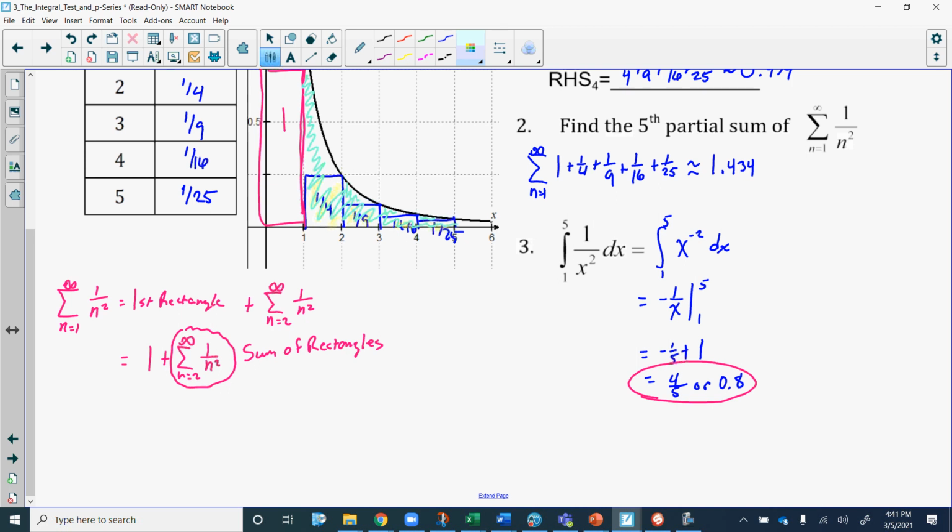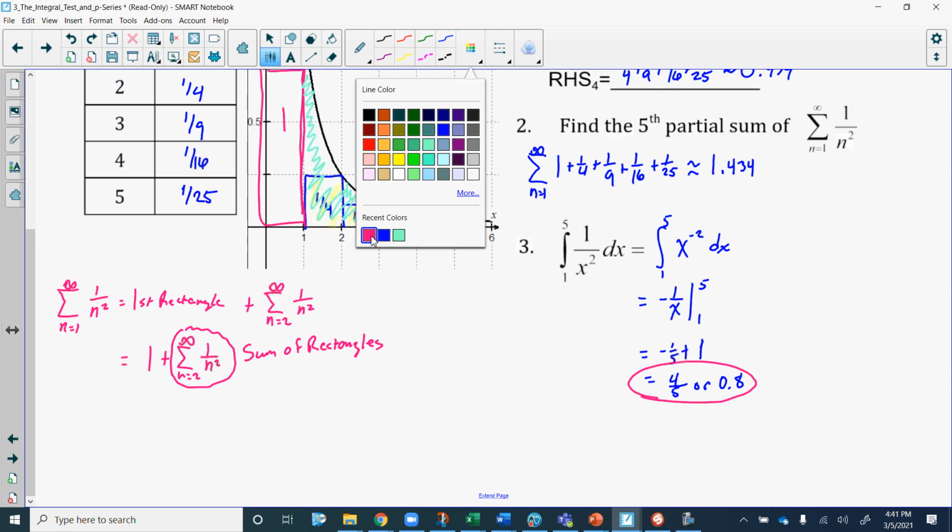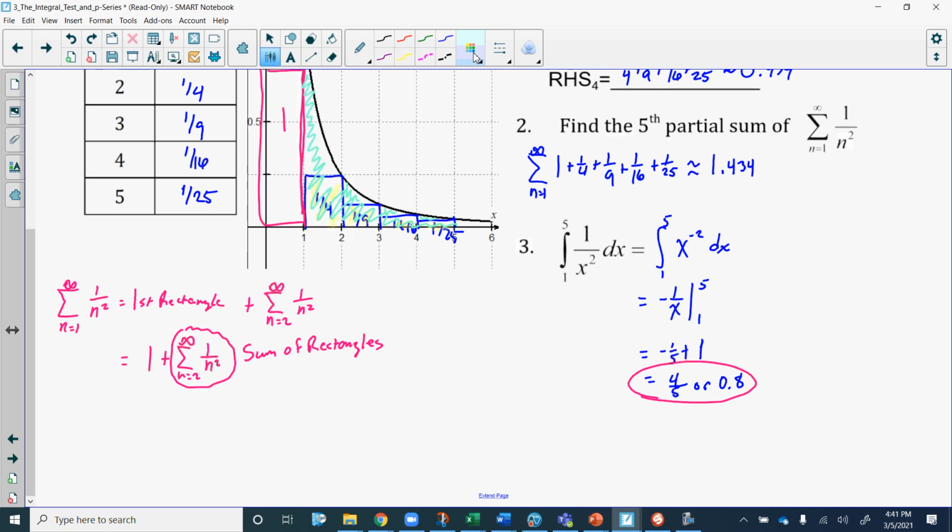Because they're underestimates, without even having to do the sums, we can conclude that the integration is going to give you a value that's greater than the approximates we got with our Riemann sums.